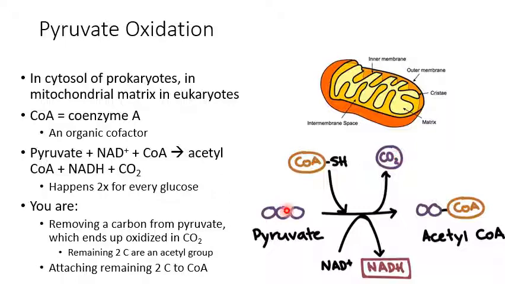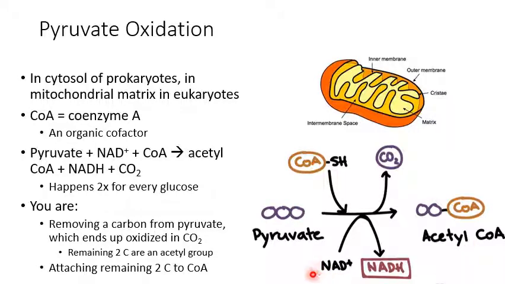The remaining 2 carbons in pyruvate are going to be added to CoA, and that gives you acetyl-CoA. These 2 carbons that were left from the pyruvate are actually an acetyl group, so when you add them to CoA, that gives you acetyl-CoA. So pyruvate is being split. 1 carbon goes to carbon dioxide, the other 2 carbons in pyruvate go to acetyl-CoA.